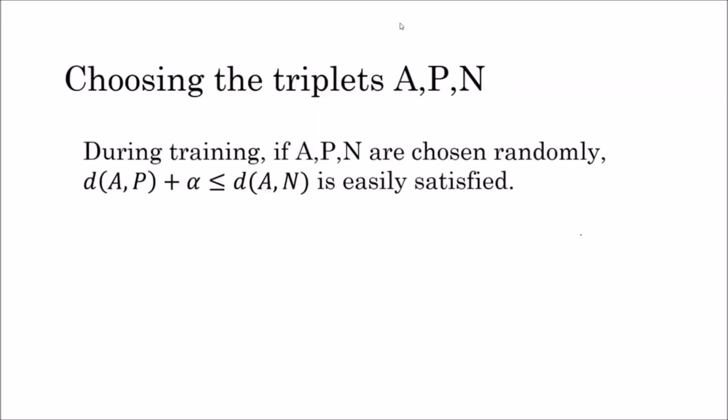How do we choose these triplets, the anchor, positive and negative? If we choose the anchor, positive and negative images randomly, then this condition is easily satisfied. For example, we take an anchor image, that is one person. The positive image is of the same person, and the negative image is some other random person.